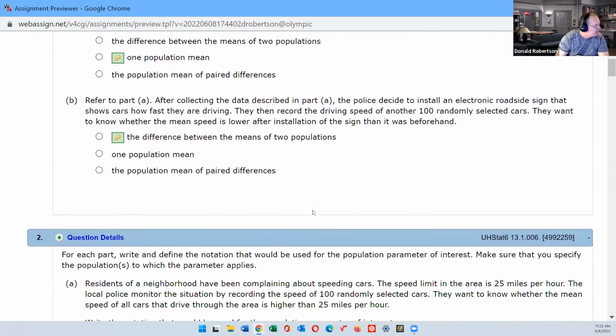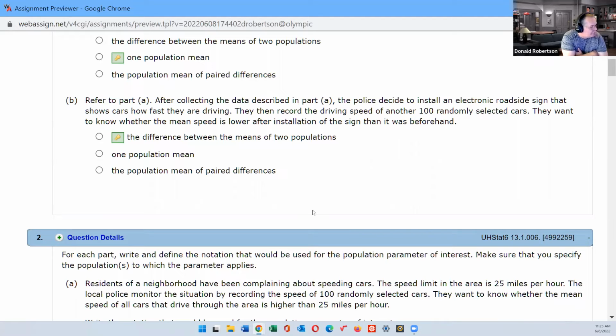Now in part B, after collecting the data, the police decide to install an electronic roadside sign. I've seen, there's actually a couple around this area. Do you know the ones when you drive up, it says you are doing 40 and the speed limit's 30 and it tells you too fast? One of those things.